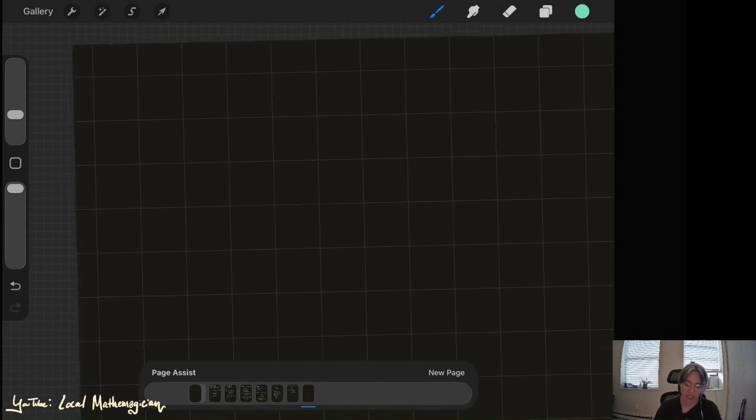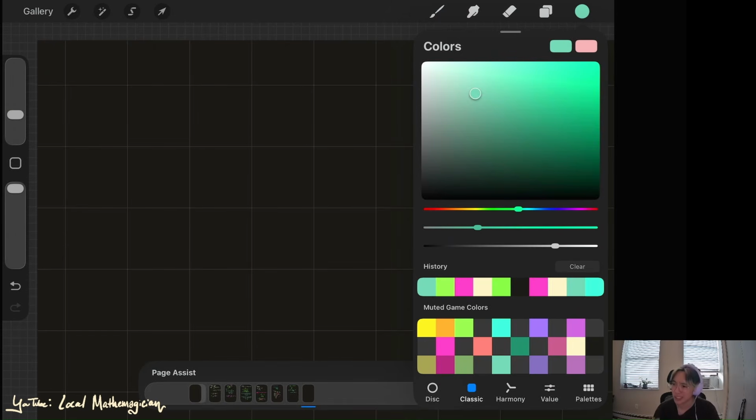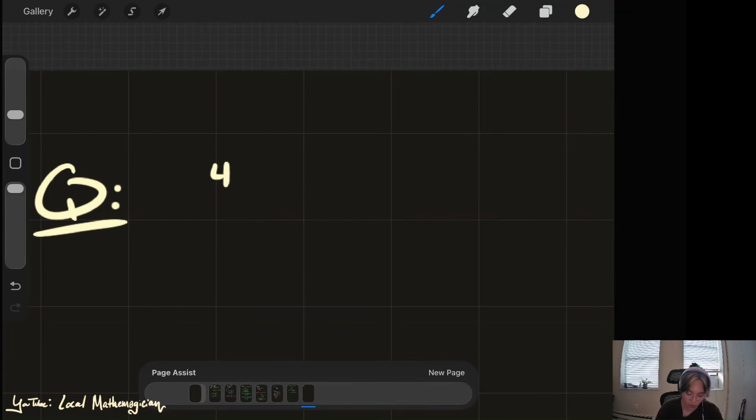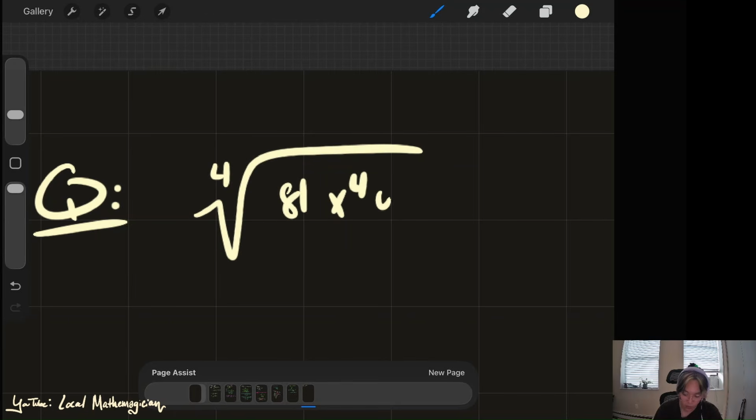Now, the reason why this is interesting is because you can start doing a lot of really weird stuff. Start asking questions like, let's see something interesting. Let's say I ask, what is the fourth root of 81 x to the fourth y to the eighth all over 16?